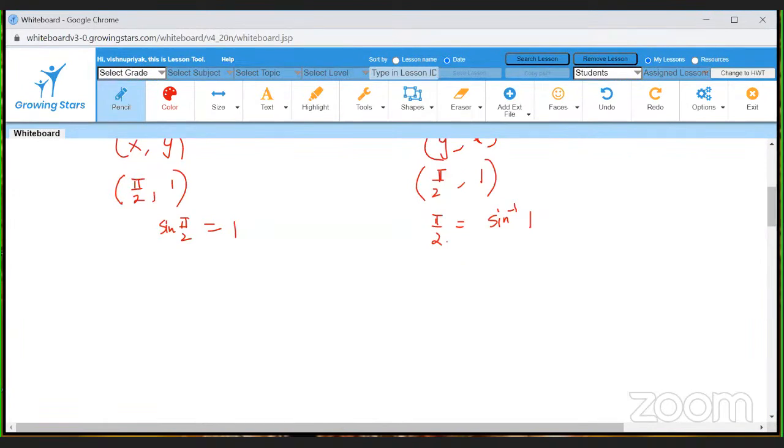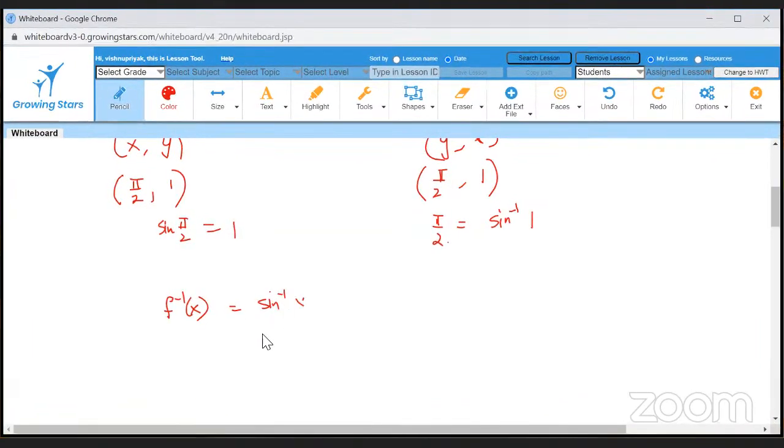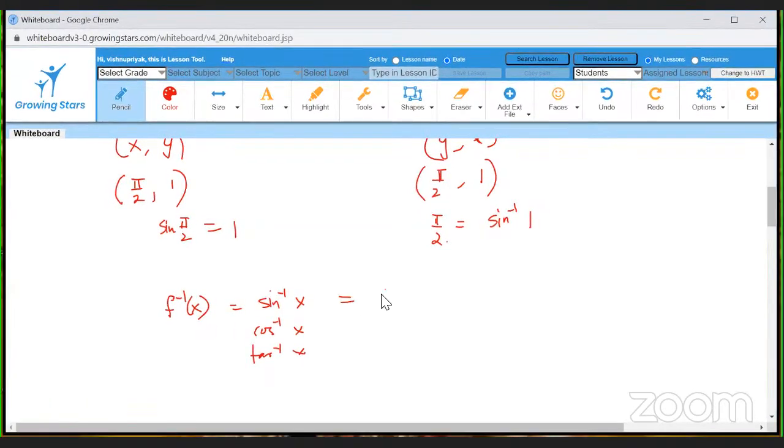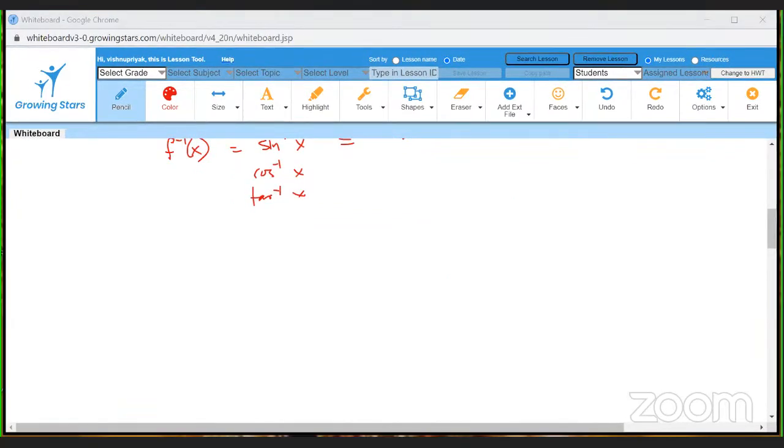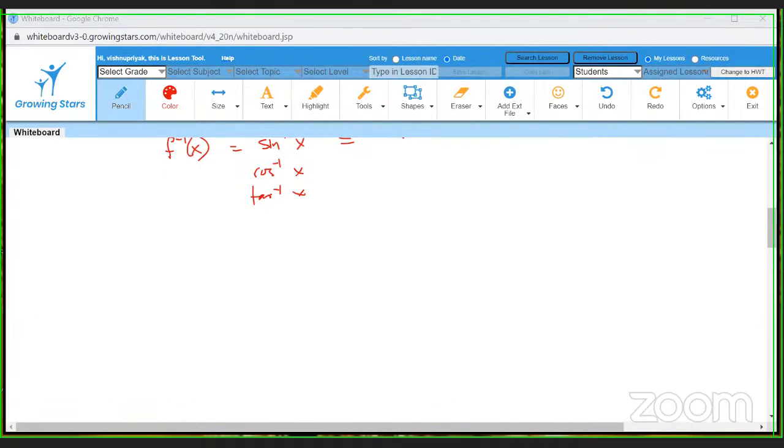Now you have seen that always the inverse function, whether it is sine inverse or cos inverse or tan inverse, the answer will be an angle. So you have many angles. Which angle are you going to take for the answer?